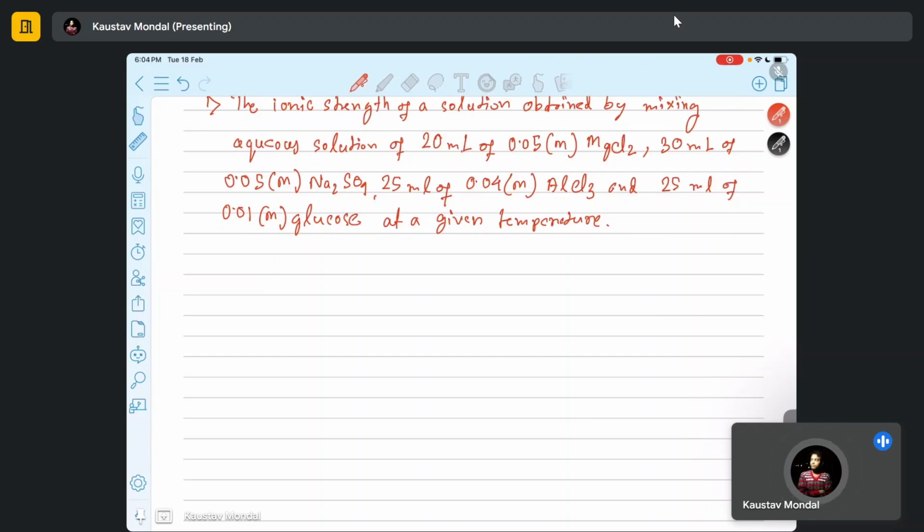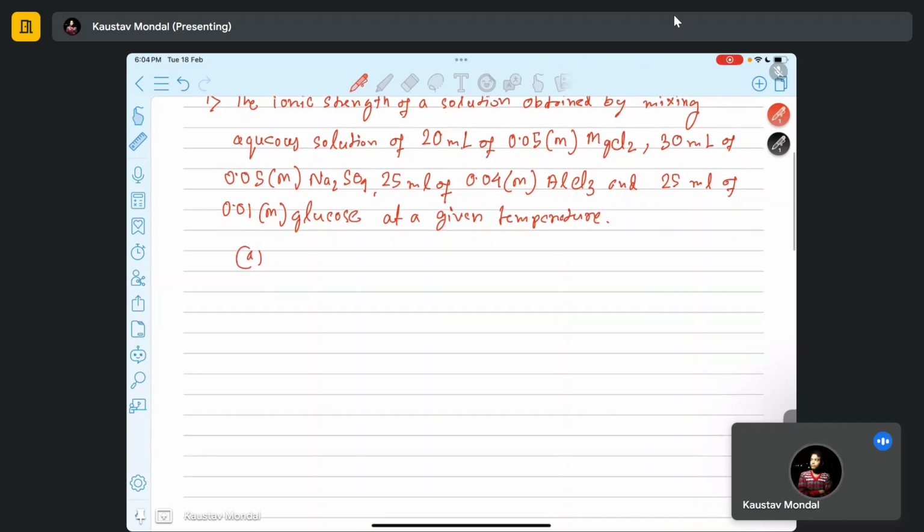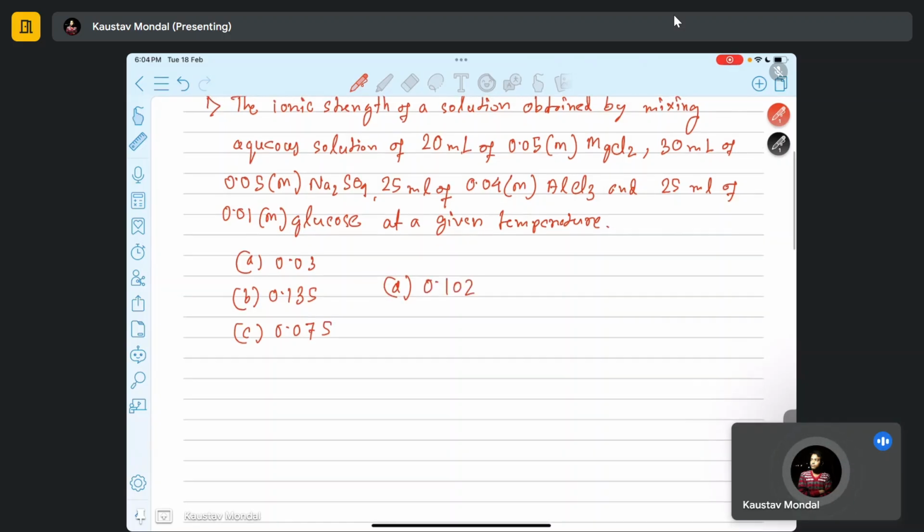So this is the problem, and the options are: option A 0.03, option B 0.135, option C 0.075, option D 0.102. These are the four options given.